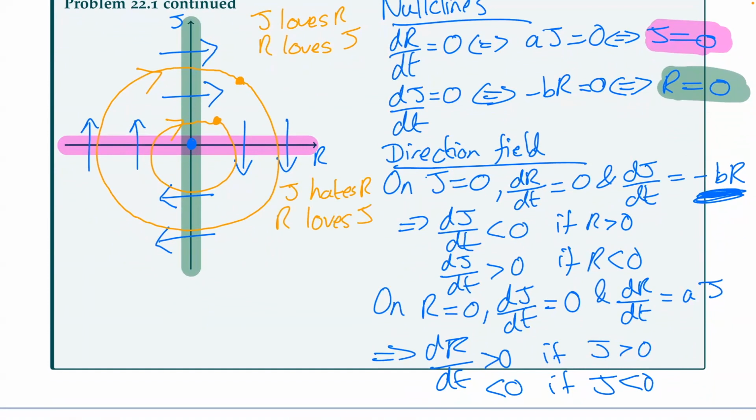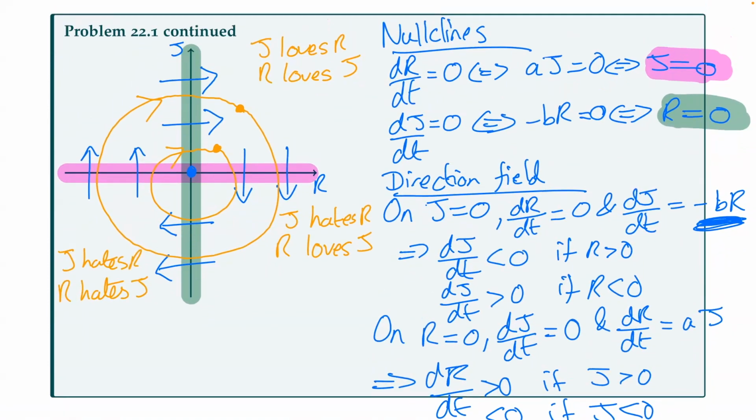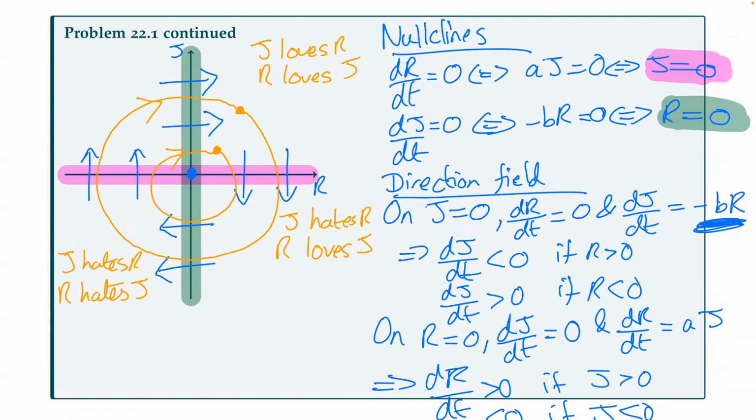Then over in the bottom left quadrant, we have them both hating each other. And then the top left one, j becomes positive again, so Juliet loves Romeo, but Romeo still hates her. And then they go back to the start.